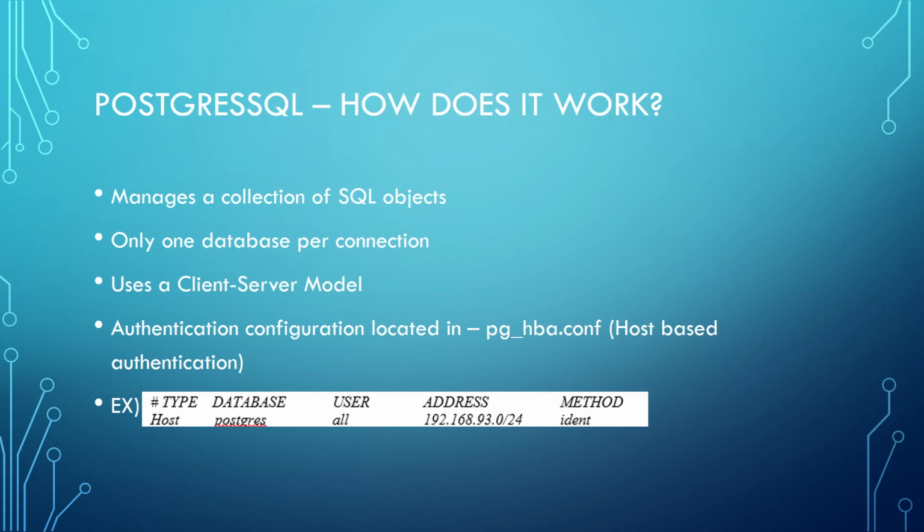An authentication method, which is ident in this example, specifies the authentication method to use when a connection matches a record. So if those previous options are matched, the database, the user, the address, the method ident authenticates.